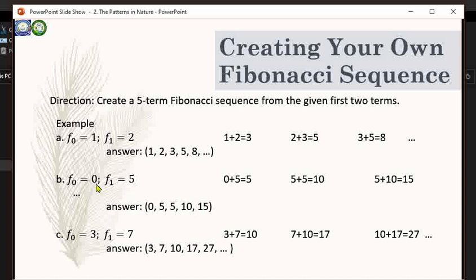Now, if you're given 0 as your first term and 5 as your second term, the following is your sequence: 0, 5, 5, 10, 15. Then we also have a first term of 3 and 7. Basically, we add the first two terms to get the next term, or the two previous terms to get the next term.